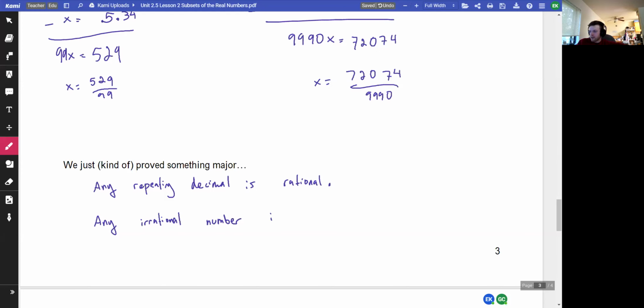Any irrational number is non-repeating. That's a pretty powerful statement. That's how we know that pi is irrational, because it's non-repeating. If a number is repeating, then it is rational, and the contrapositive says if a number is irrational, then it is non-repeating.